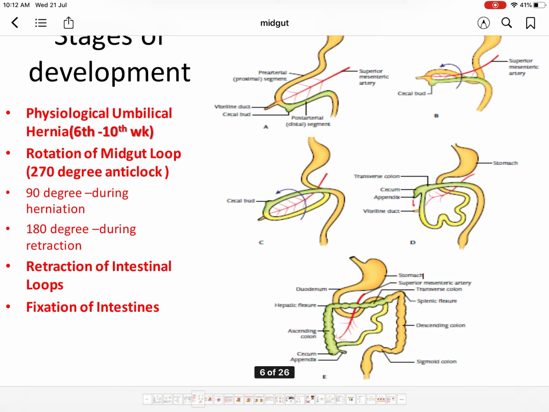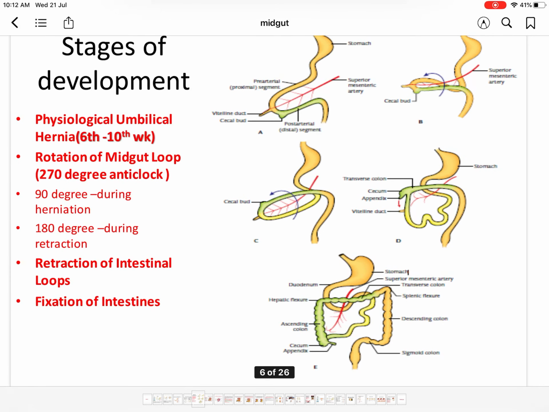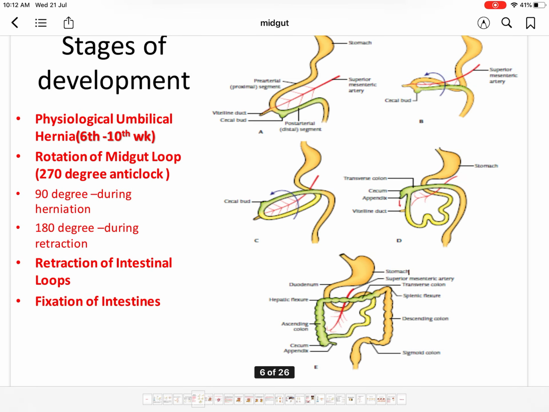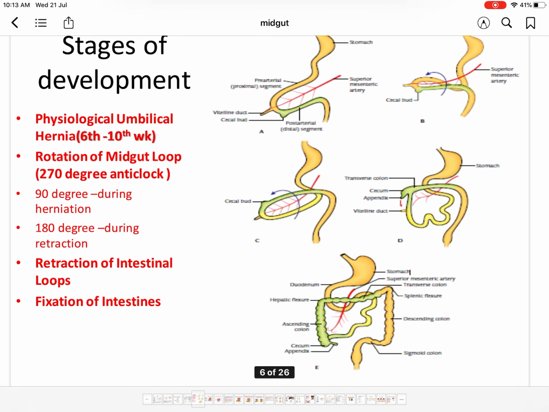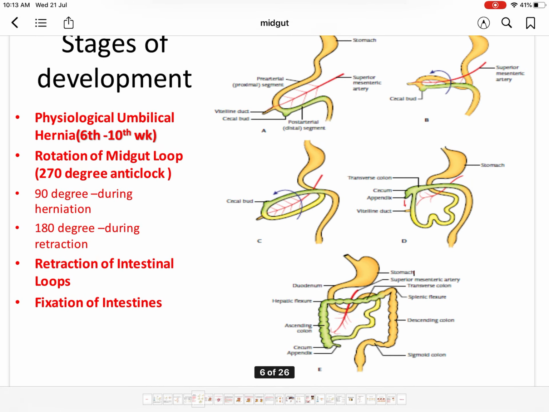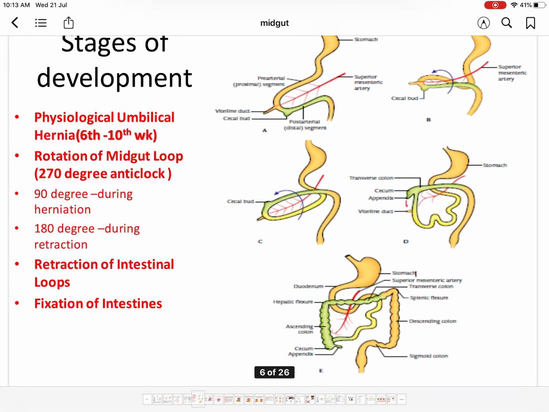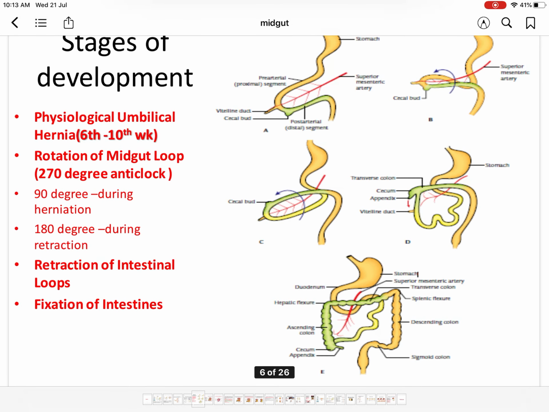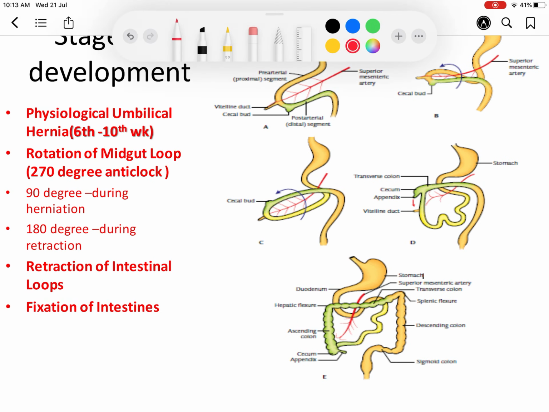Now, what are the stages of development of the midgut? The midgut loop elongates excessively during the 5th to 6th week of intrauterine life, and that leads to umbilical herniation of the midgut loop. So, the first stage is the physiological umbilical hernia, which occurs around the 6th to 10th week. Then rotation of the midgut loop, around 270° anti-clockwise.